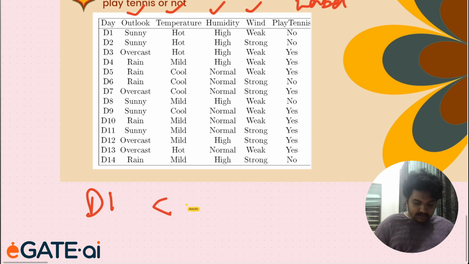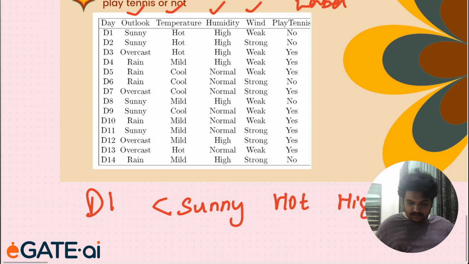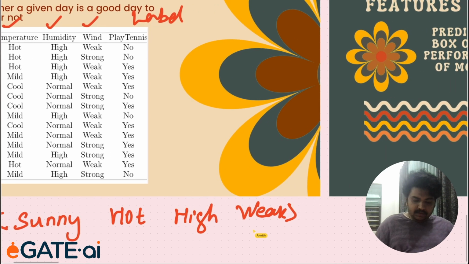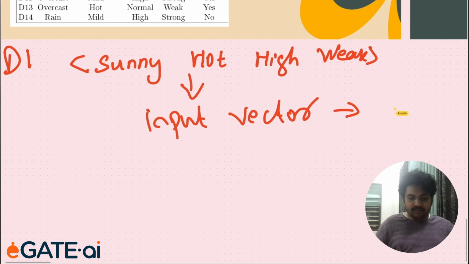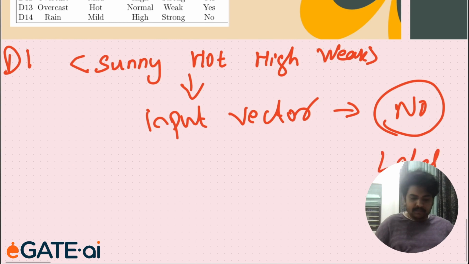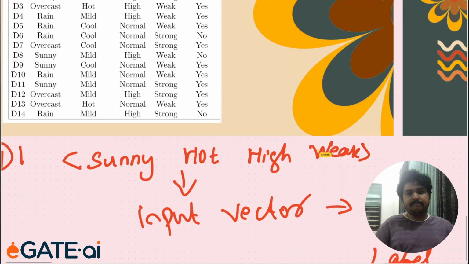It will be represented as sunny, hot, high, weak. And this is the input vector or the feature vector, and we should predict no, which is the label.